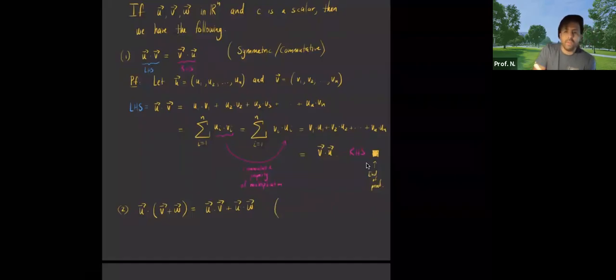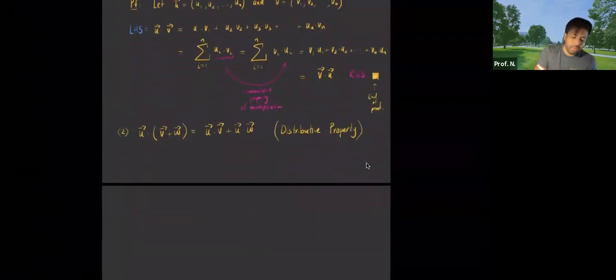So the dot product obeys the distributive property. Do you guys see how the proof will go? What will be the proof of this? Also pretty straightforward.